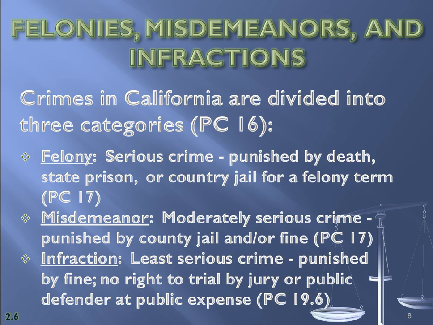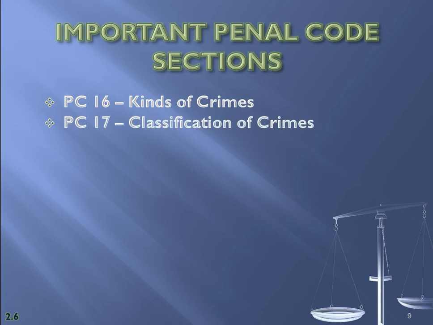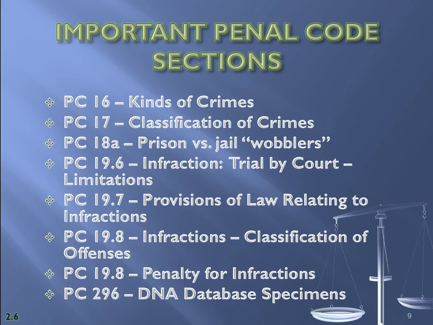Now sometimes, even though we have felonies, misdemeanors, and infractions, we also have other important Penal Code sections, and you can go through these at your leisure as well. All the codes are listed here, such as Penal Code 16, which talks about kinds of crimes. Penal Code 17, the one we were in, was classifications of crimes.